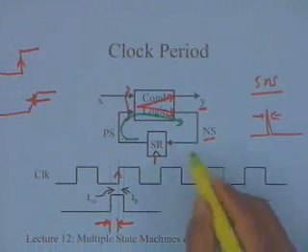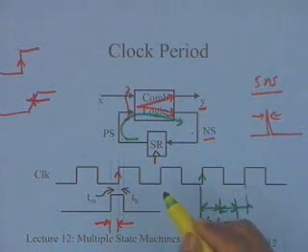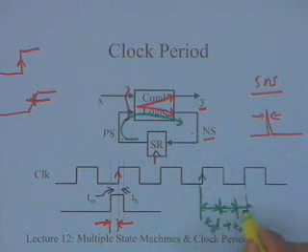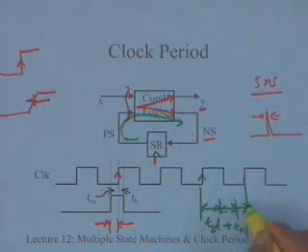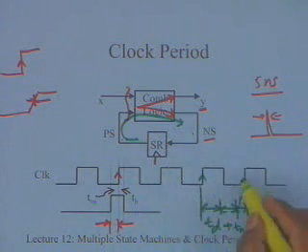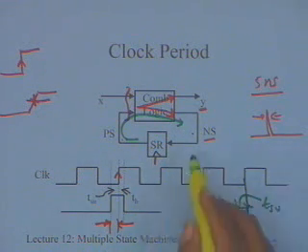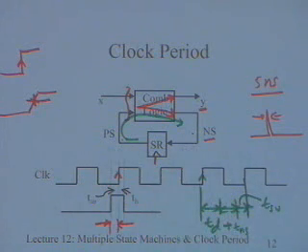After TNS time delay, this next state will appear over here because that's the critical path in the worst case. And all this should arrive here T setup time before, so that in the next clock edge I am able to get this next state to become the present state.